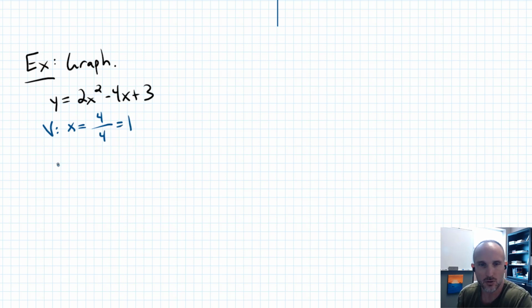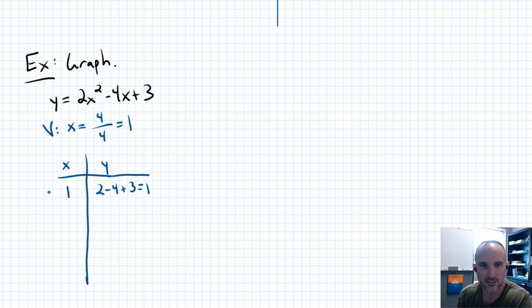So my vertex is going to occur at x equals 1. So I'll plug in 1 for x. So y is going to be 2 times 1 squared. 1 squared is 1 times 2 is 2. Minus 4 times 1, so that's minus 4 plus 3. So I get negative 2 plus 3, which is 1.